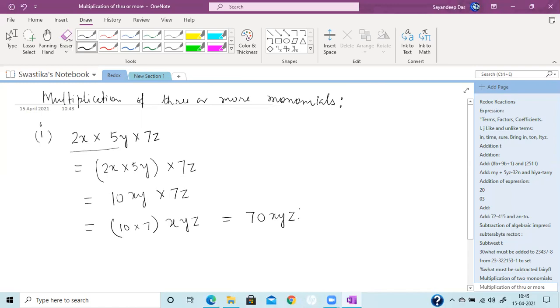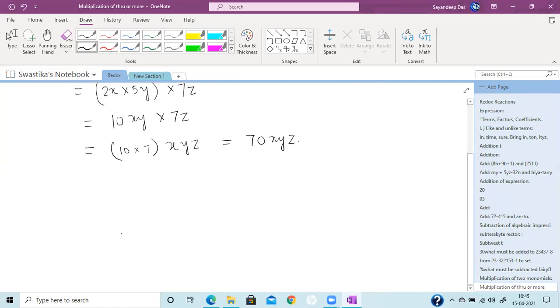You can also do it the other way. Keep the 2x as it is and take the second two monomials, that is 5y into 7z.